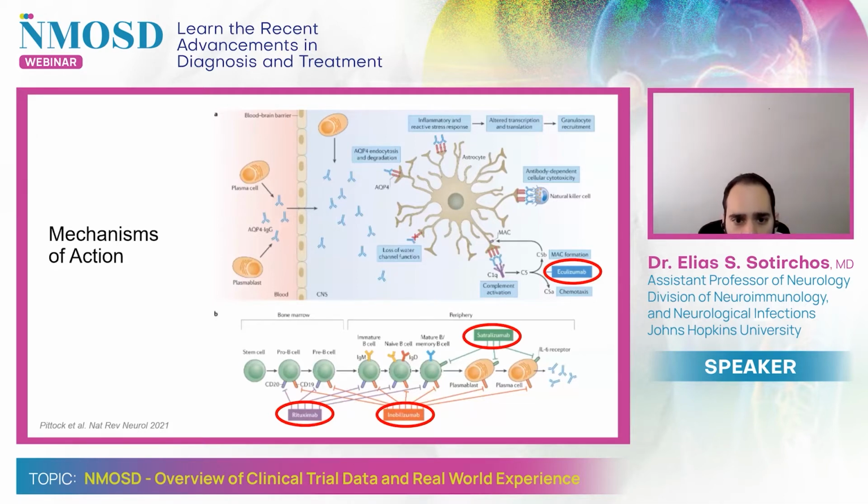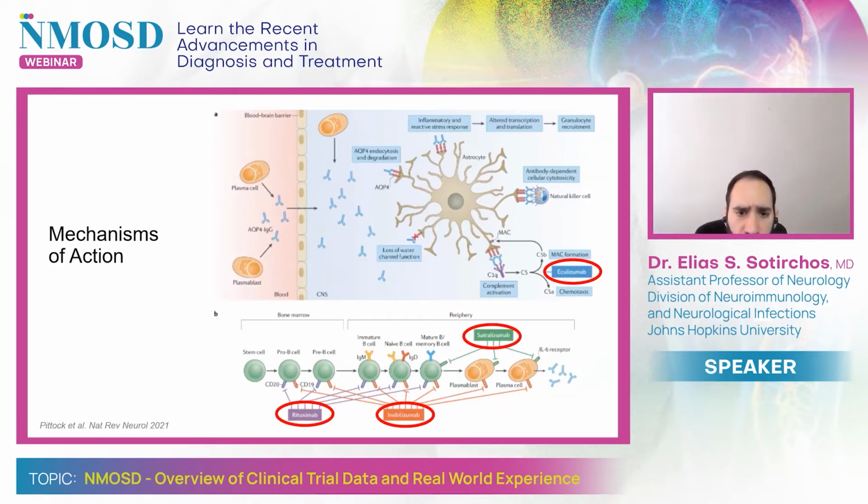And so rituximab will deplete these cells from the circulation and largely deplete them also from lymphoid tissues as well as the bone marrow. And this is thought to be the main mechanism of action, depleting the subsequent development of plasmablasts and plasma cells, which produce the pathogenic aquaporin 4 antibody in NMO.